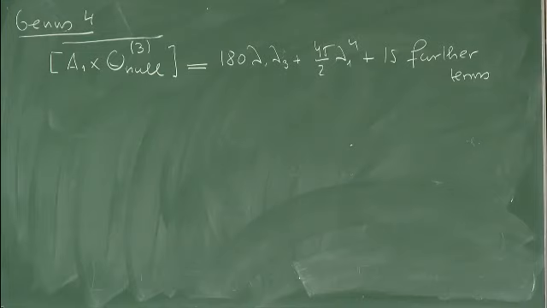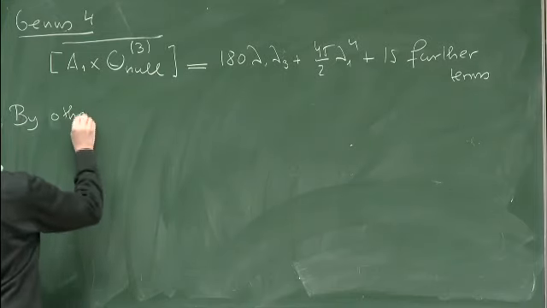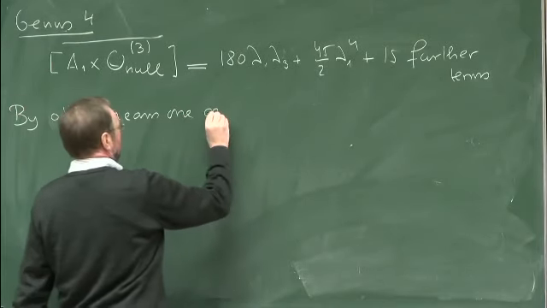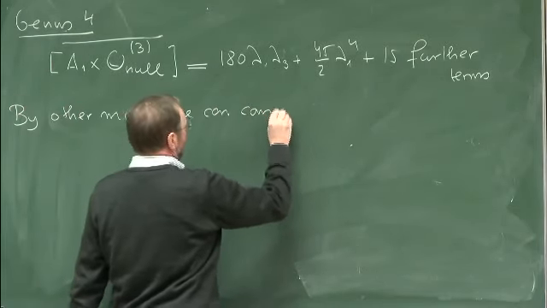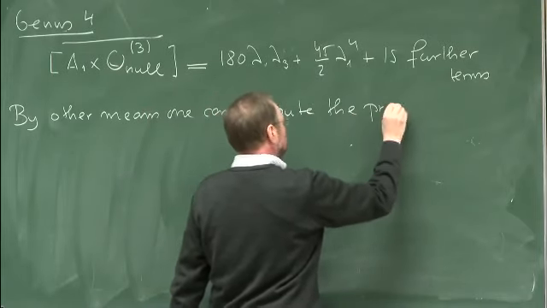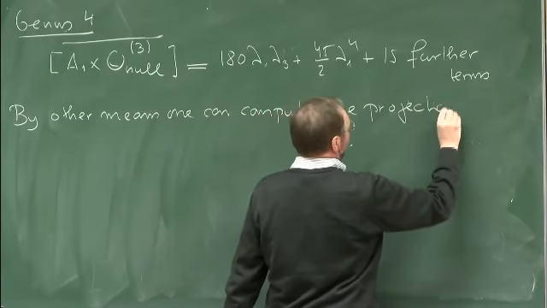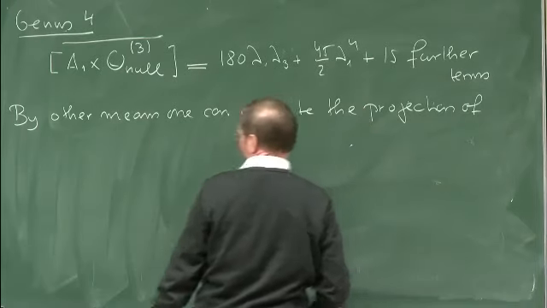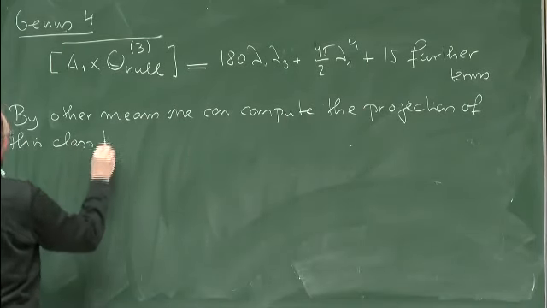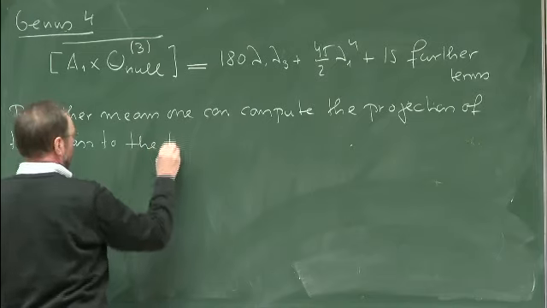Okay, what does check out quite nicely is, by other means, one can compute the projection of this class to the tautological subring.